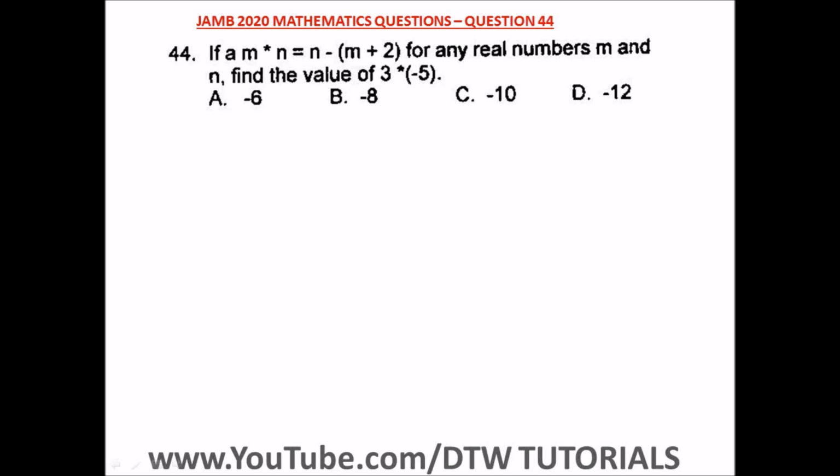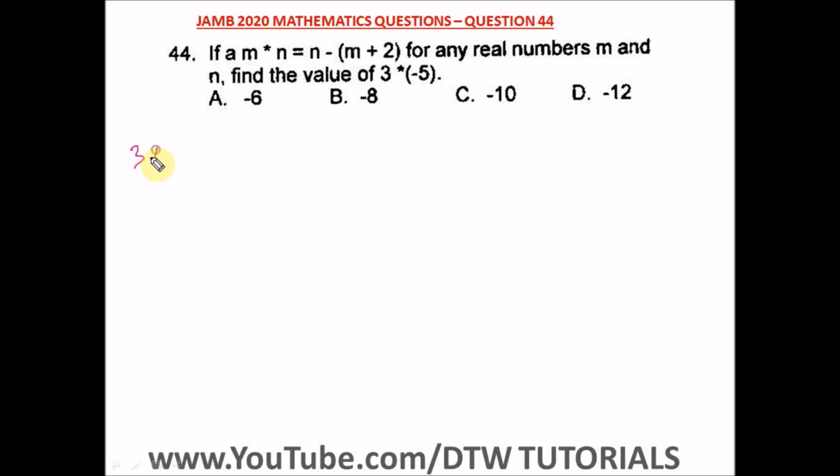It says if m asterisk n, that is the operation, equals n minus bracket of m plus 2 for any real numbers m and n, find the value of 3 asterisk minus 5.